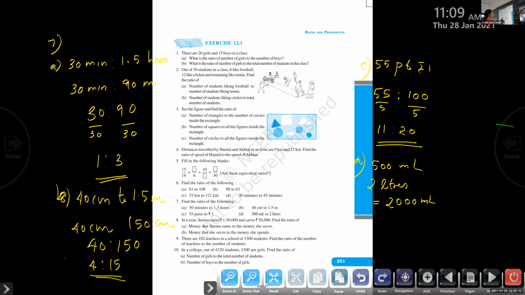Okay. So the ratio is 500 is to 2000. Common number is 500 itself. So 1 is to 4 is the answer. 1 is to 4.